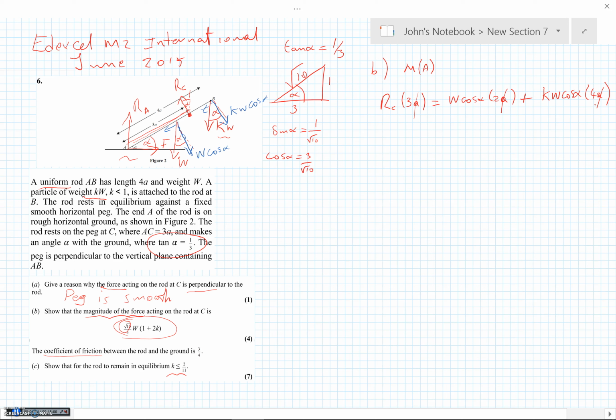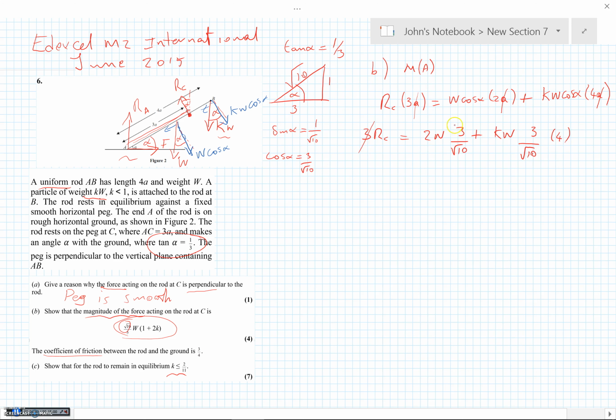We should also be able to substitute in our values of cos alpha here. So we have 3RC equals 2W cos alpha, and cos alpha is 3 over the square root of 10, plus kW cos alpha, which is 3 over the square root of 10, times 4.